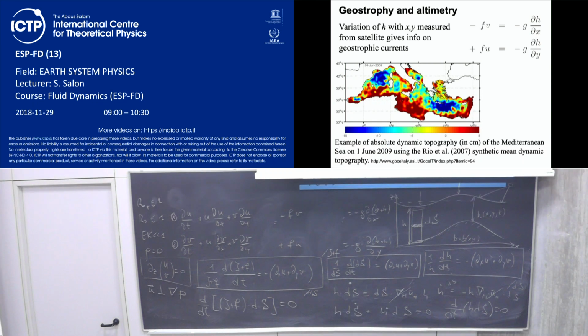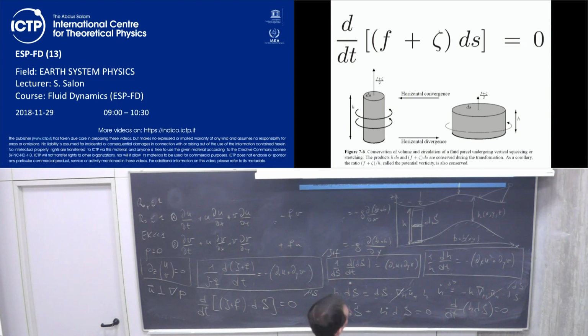So what does it mean? It means that when we have a fluid column like this, with a specific height and a specific ds with a specific f plus sigma over 2, for example, vorticity, if it is affected by horizontal divergence, we will have an increase of the cross-section, a decrease of h to conserve the mass, and also a decrease of the total vorticity. You see that the arrow here is smaller.